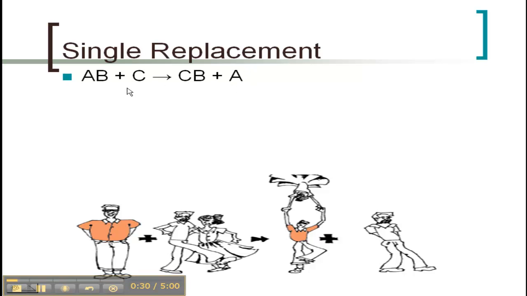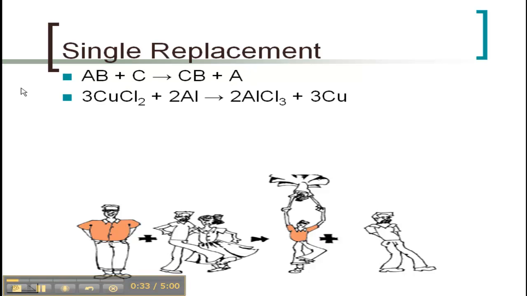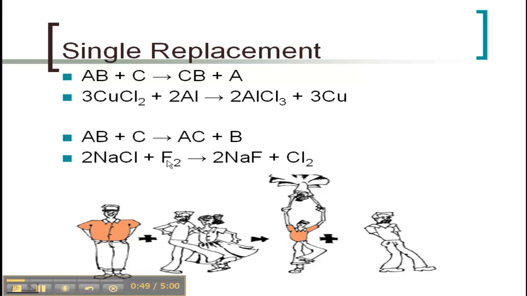So a single element replaces another element in a compound. Like in our copper chloride example, the aluminum came in here and kicked out the copper, so we get aluminum chloride and copper. Now you can also have a halogen replacement, where C comes in here and kicks out B. This happens like when fluorine comes in here and kicks out chlorine, so we get sodium fluoride and chlorine gas.